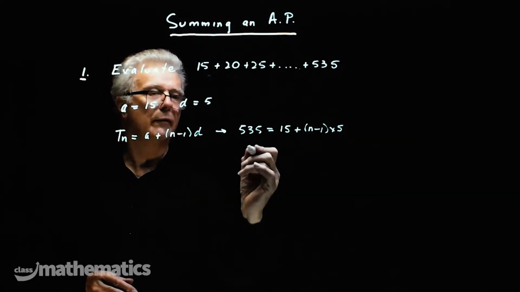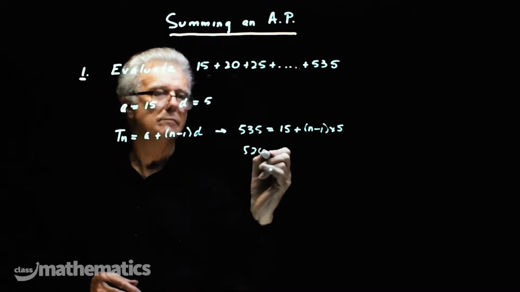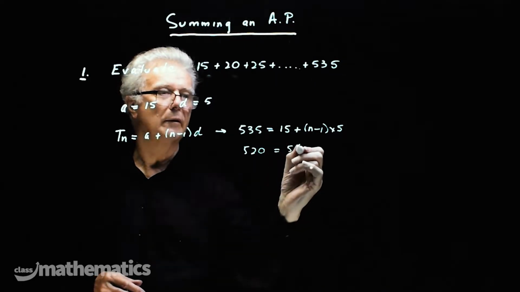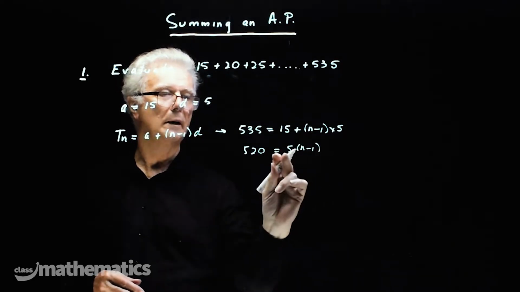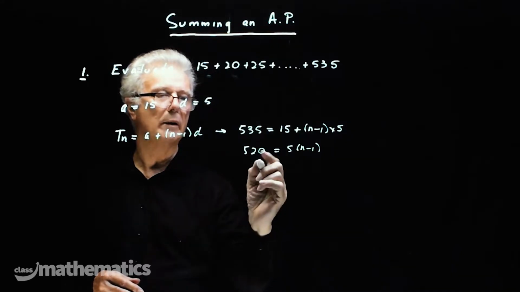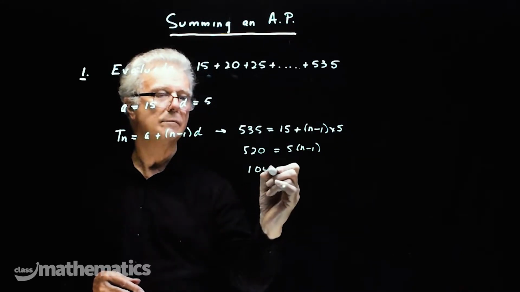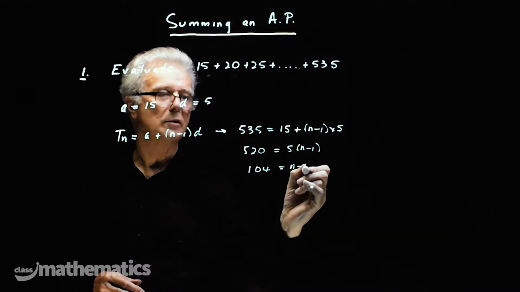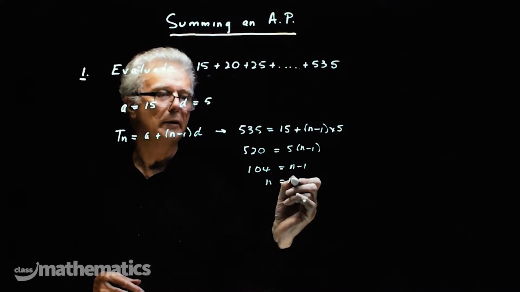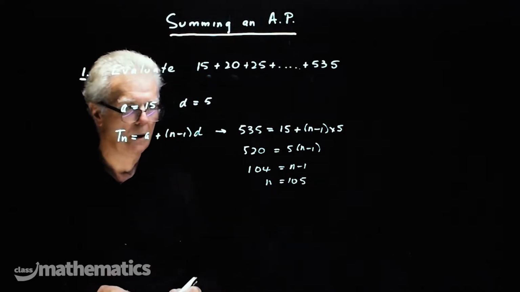Subtract this from here, we get 520 equals 5 into (n minus 1). Divide that, 5 into 520, we're going to get 104 equals n minus 1. So n is 105 terms altogether.